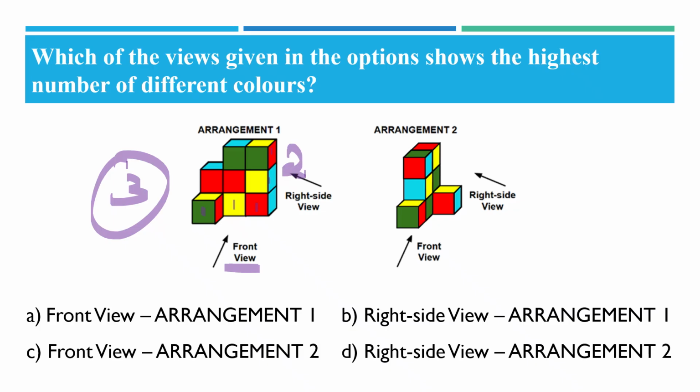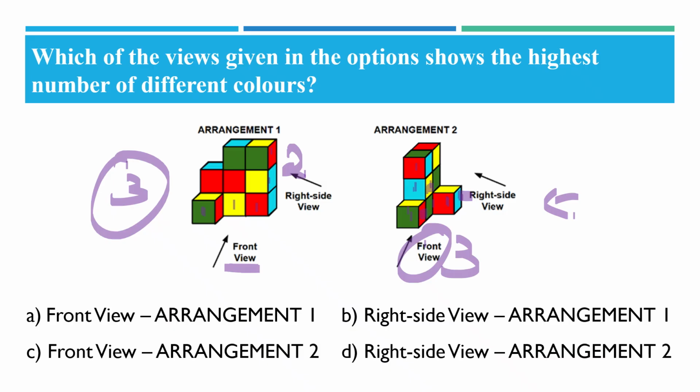And here I can see green, red, blue, red. So it's again three colors from the front view. From the right view, let's check how many colors: blue, green, yellow.